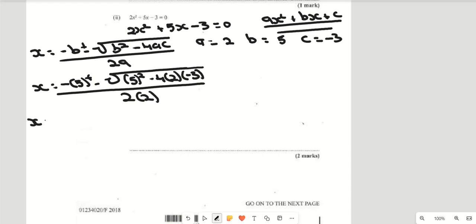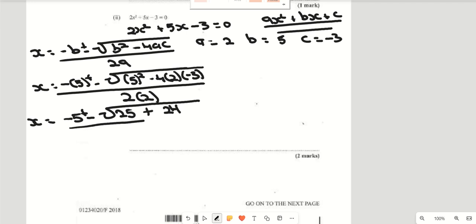So now we know x is equal to minus 5 plus or minus the square root of, we're going to remove the brackets. 5 by 5 is 25. And then 4 twos are 8, 8 threes are 24. Put the number, then I deal with my signs after. A minus and a plus is a minus, and a minus and a minus is a plus. So this would be plus here. All over 2 by 2 is 4.